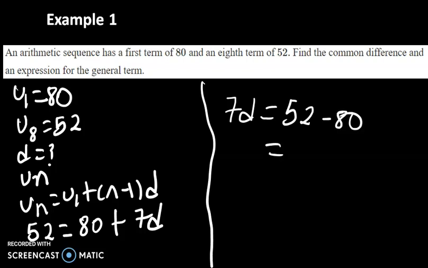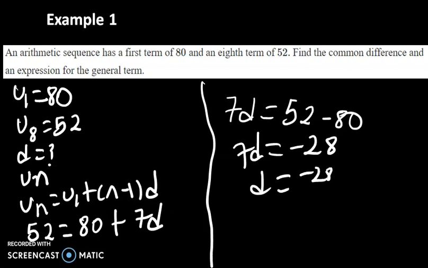On my calculator, that's minus 28. And d becomes minus 28 divided by 7, that is minus 4.